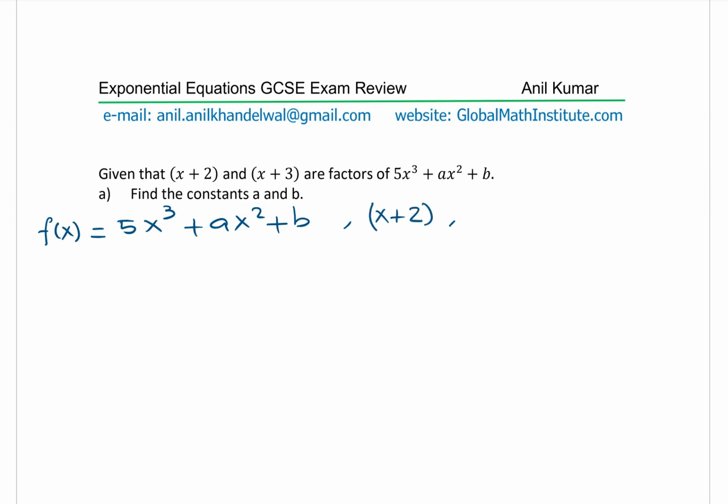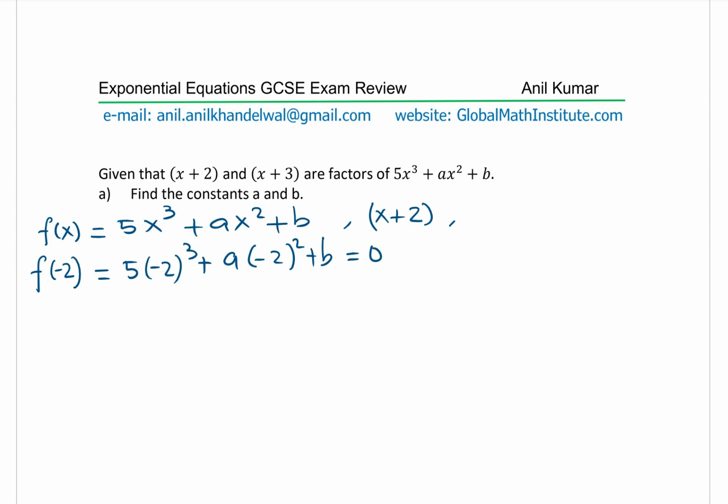That means the value of the function at x equals to minus 2, which we could write as f of minus 2, which is 5 times minus 2 cubed plus a times minus 2 squared plus b, that should be equal to 0.